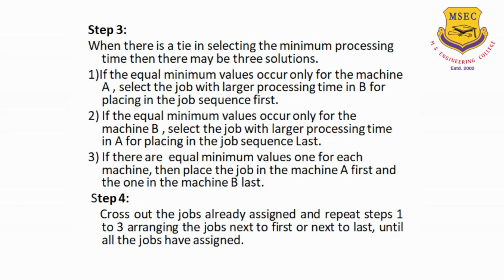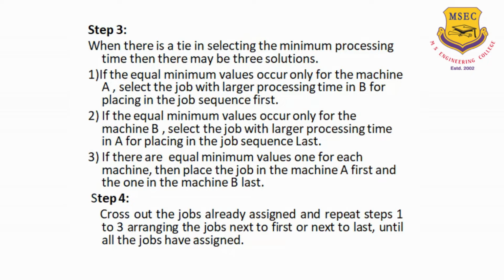When there is a tie in selecting the minimum processing time, there may be 3 situations. If the equal minimum values occur only for machine A, select the job with the larger processing time in B for placing first in the sequence. If the equal minimum values occur only for machine B, select the job with the larger processing time in A, placing it last in the sequence.